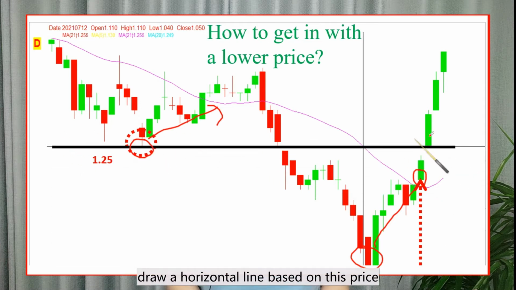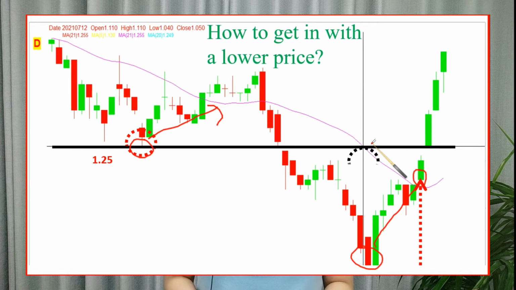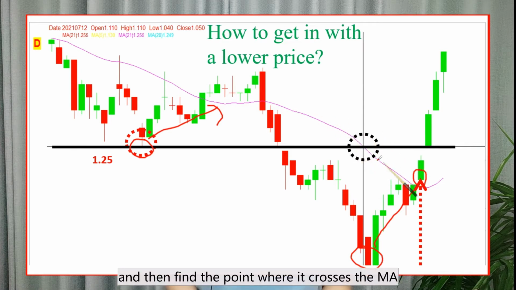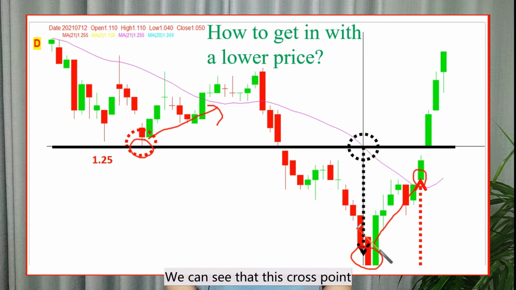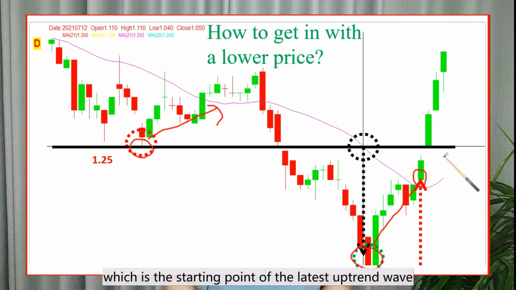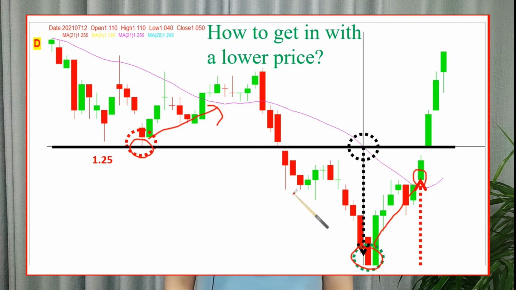Draw a horizontal line based on this price, and then find the point where it crosses the MA. We can see that this cross point's corresponding candle is the lowest point, and we buy on the next day, which is the starting point of the latest uptrend wave.